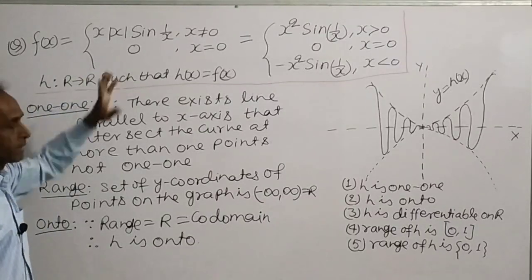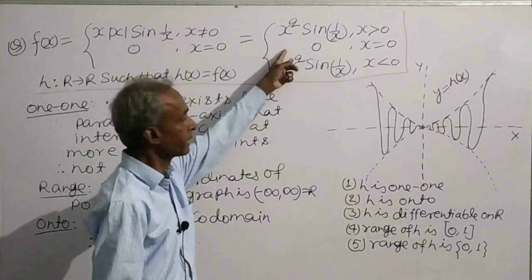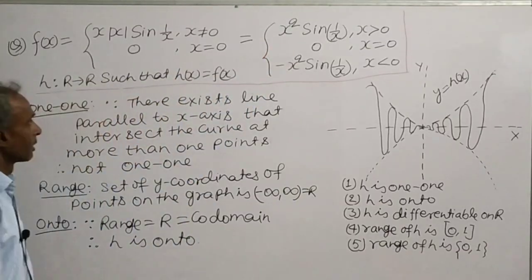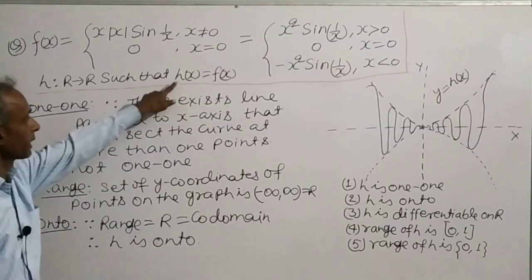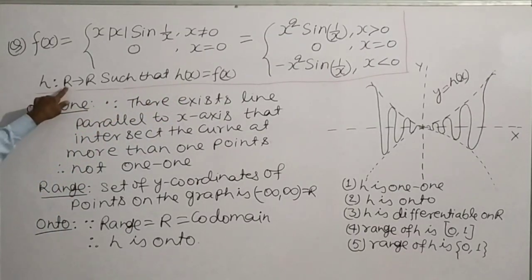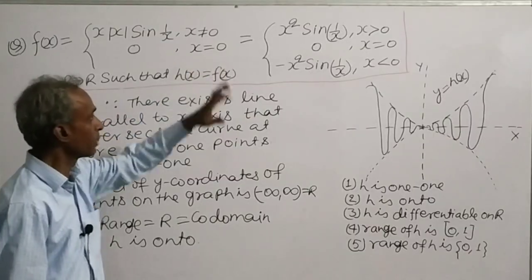fx is this function which can be written in this form, and hx, where h is a function from R to R, set of real numbers to set of real numbers, and hx is equal to fx.